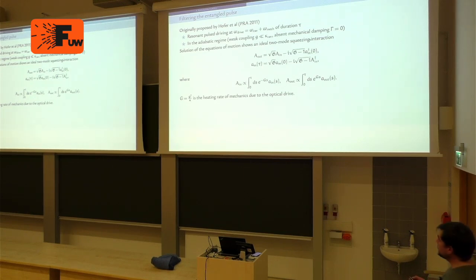And those two modes, one of them is really the mechanical oscillator, but the second mode is the optical mode, and this output optical mode has a very well-defined temporal envelope. So let's say in the essentially ideal regime of parameters, we know a very good solution for the problem of picking the good temporal mode of the leaking light.